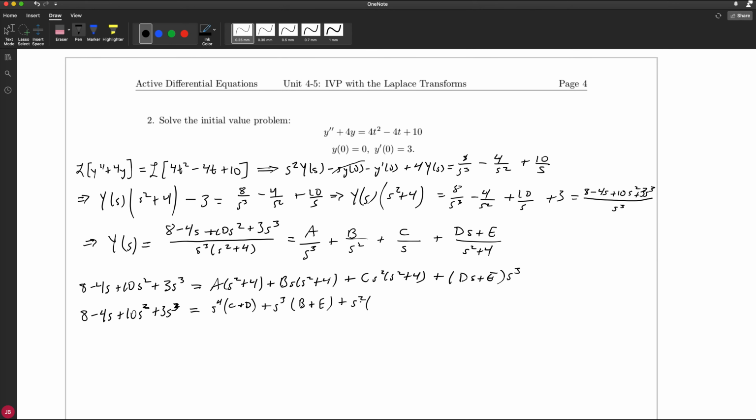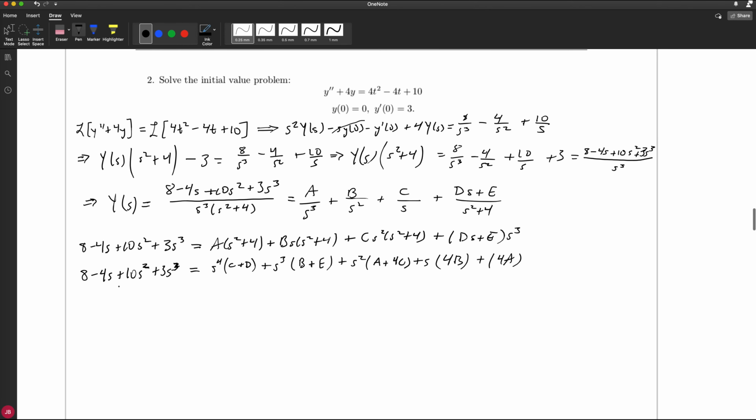For s squared, I think there's going to be an a plus 4c. Notice here's the a, and then we have c s squared times 4, so 4c. Then for the s, we get just a 4b. And then the constant term, the only thing that does not have any dependence on s, is actually just a times 4, so 4a.